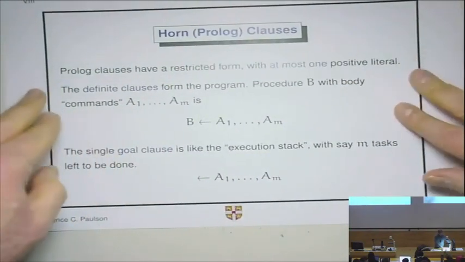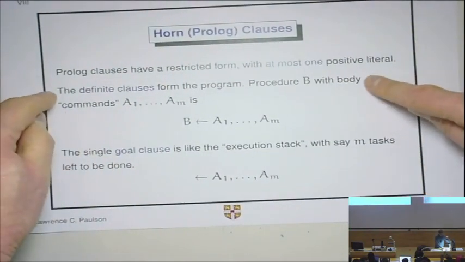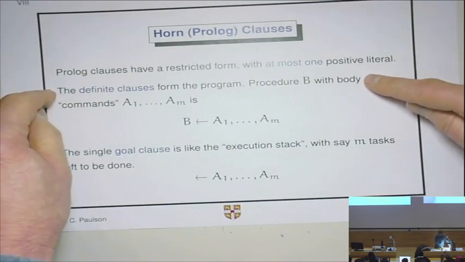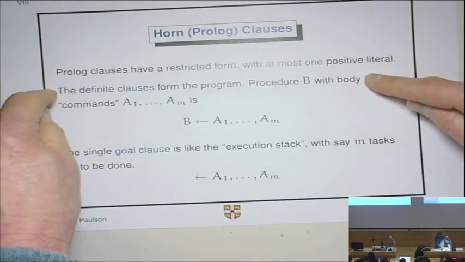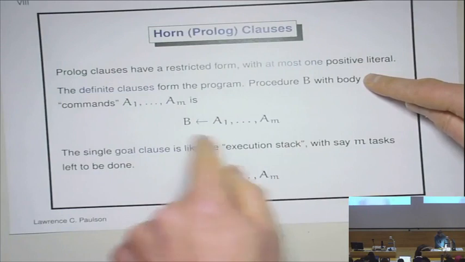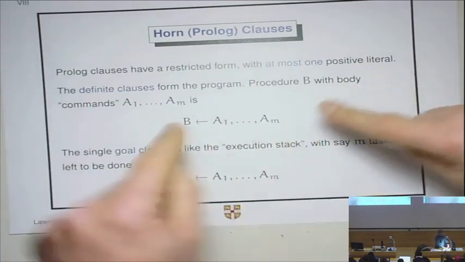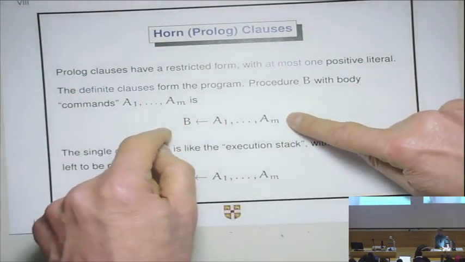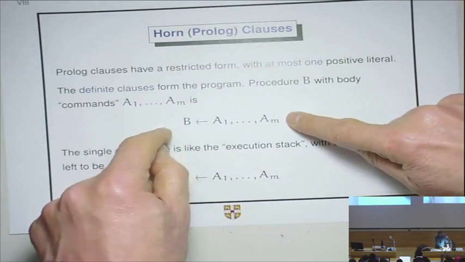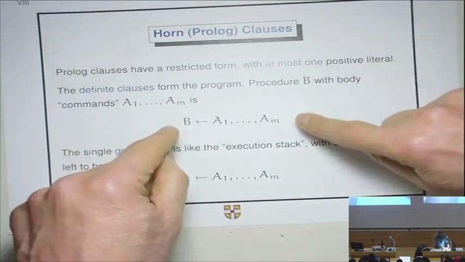They're interested in so-called definite clauses, which have exactly one positive literal, and they are written like this. So logically, these are the same clauses as we already know and love, but we are now writing them like this.